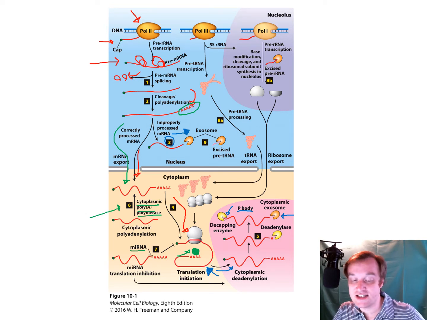And what happens is this will bind to a region of the mRNA before it gets to the ribosome, and that initiates this antiviral response mechanism called Dicer, and it uses Drosha as this intermediate enzyme.